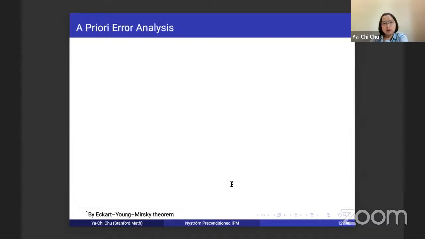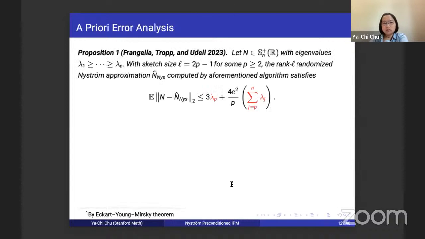Okay. So how good is this approximation? We have some error analysis here, and it's worth mentioning this theorem a little bit to give you more sense of how good this approximation is. This bound we call an a priori error analysis, because the bound here involves the true eigenvalues of N, which in practice we don't know, so it's just a theoretical bound.